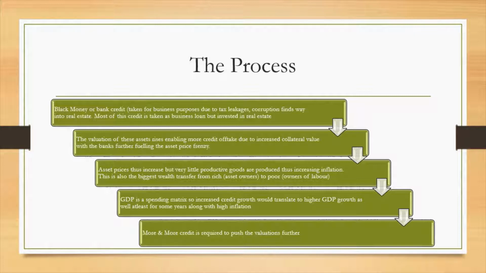Now let's remember, as I told before, this asset price increase has very little to do with productivity. There is very little productive goods and services being produced in the economy, and that has been the reason for so many years of high inflation.